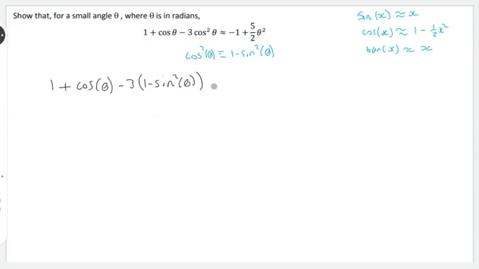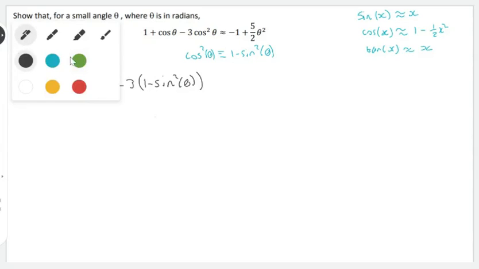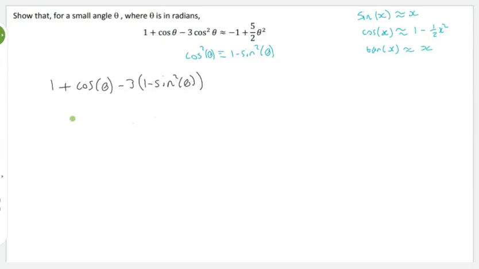And then I figured out what was outside the bracket, which is 2 minus a half theta squared. And then I just needed to work out from there.